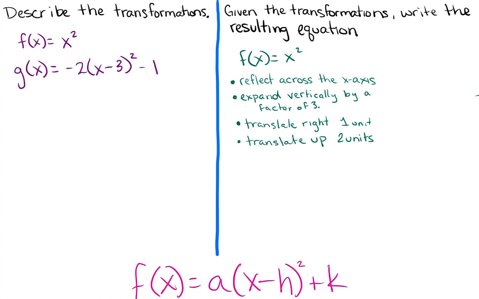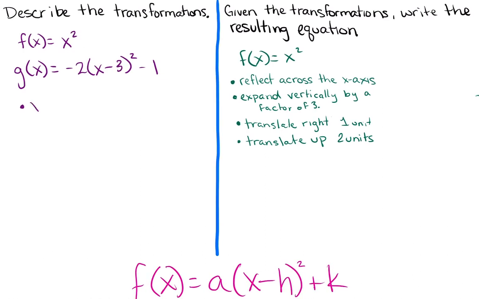Okay, so when I'm describing the transformations in words, I'm going to write down what those changes are. Looking first at my sign change, that's going to cause an x-axis reflection.